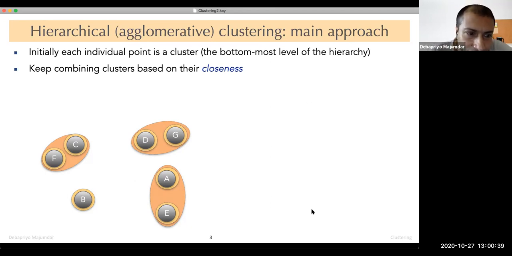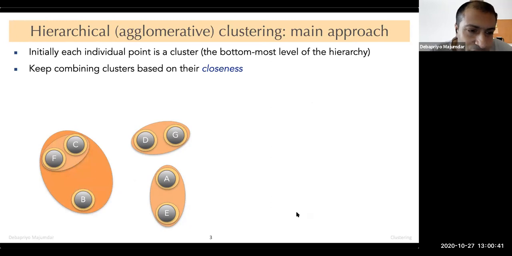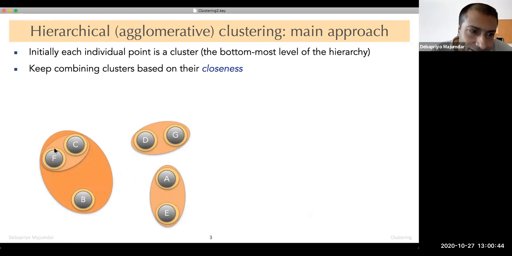Now my next step is I combine these two clusters. So now this is a new cluster and the distances are getting disturbed. The distance between the other two clusters is not disturbed because they are not changing. However, previously I had the distance between CF and DG, and that does not exist anymore. Rather, I have a new distance from the centroid to DG.